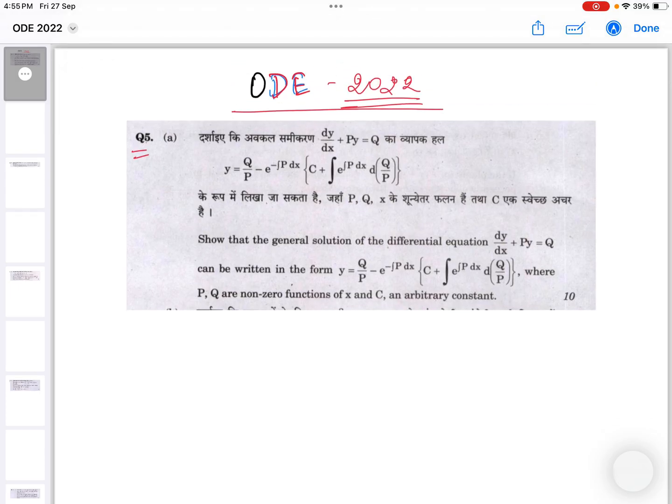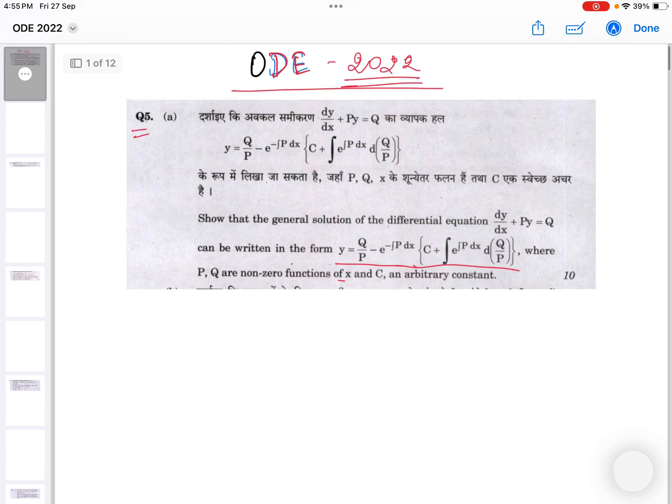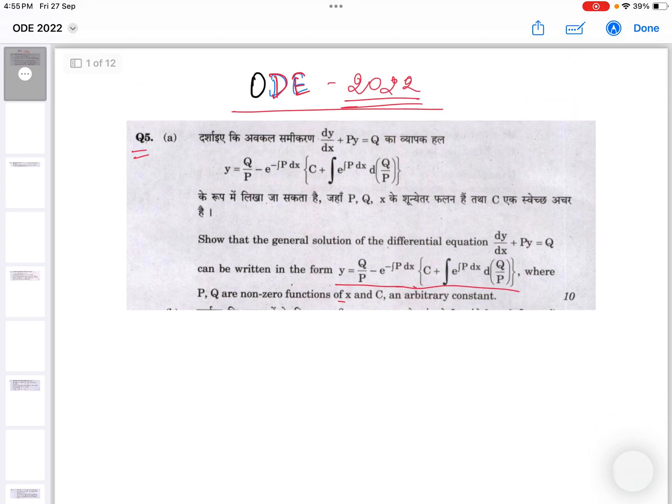So the general solution of the differential equation can be written in the form of this equation, where P and Q are non-zero functions of x and C is an arbitrary constant. The first thought that comes to my mind is that using the integrating factor approach we can proceed further.